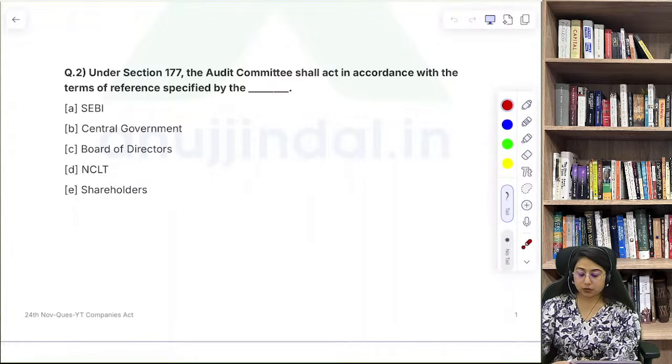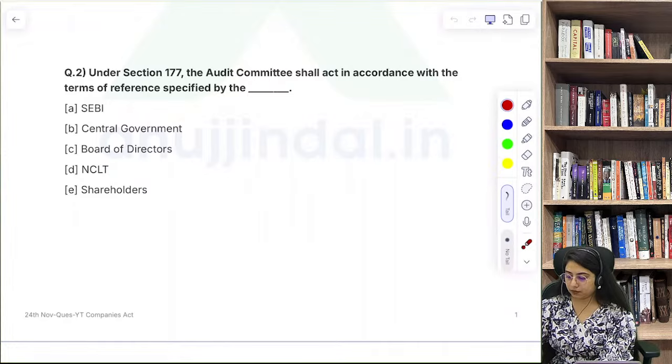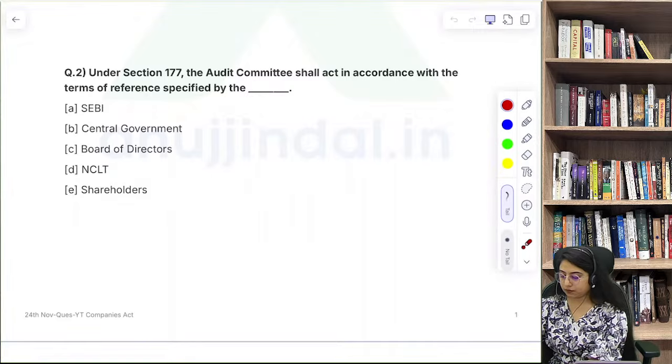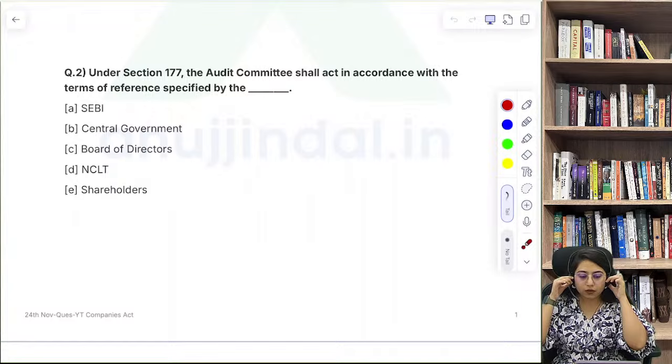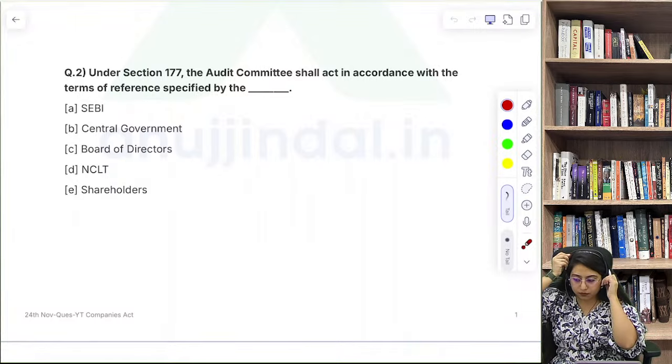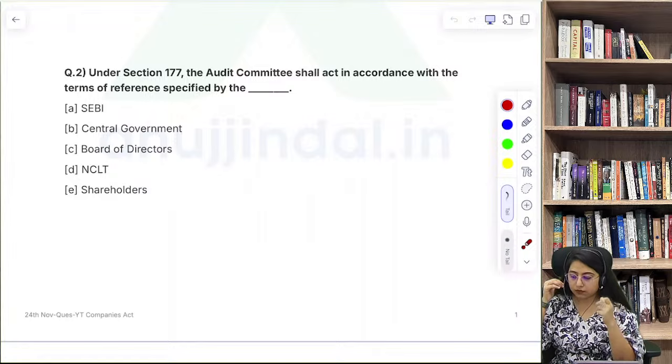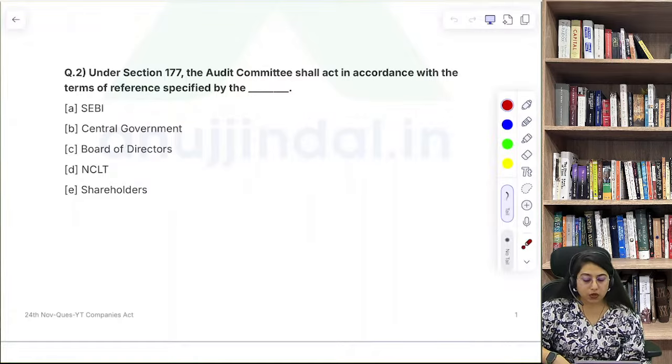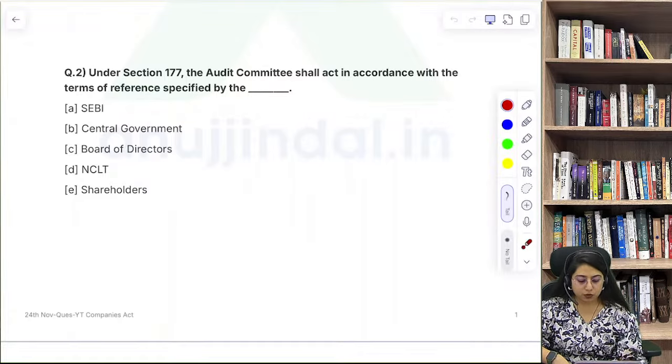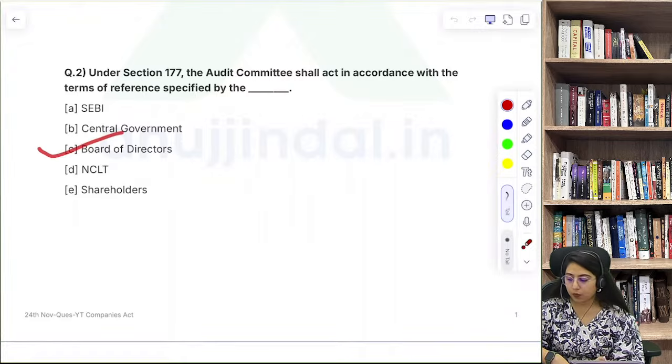As the audit committee is a committee of the board, it acts in accordance with the terms of reference specified by the board of directors.